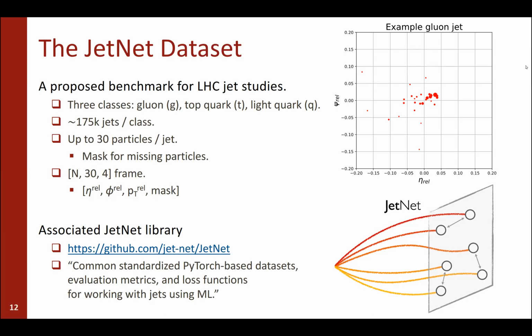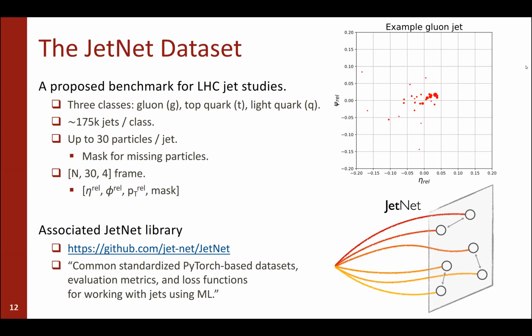And of course, some jets have fewer than 30 particles, and the idea is that we mask for the missing particles. The data set is essentially an N by 4 frame, where the four features are eta, phi, relative pT, and the mask. If it's masked, it's all zeros. So you have there an example gluon jet as a projection of a particle cloud.